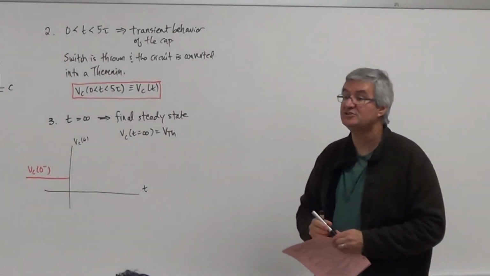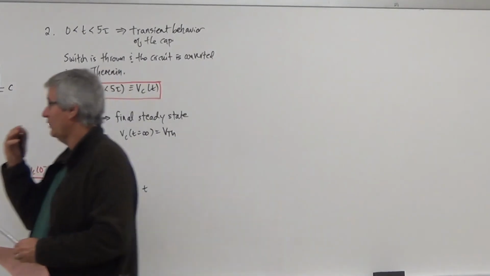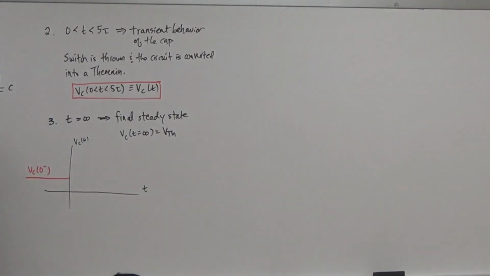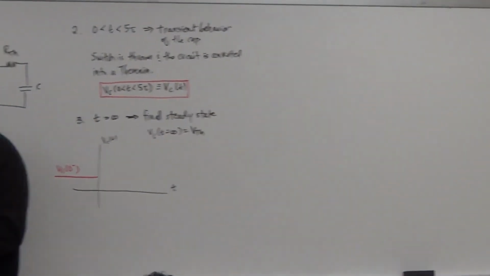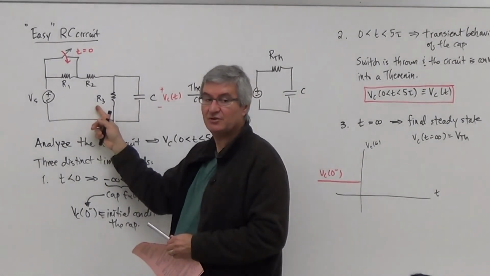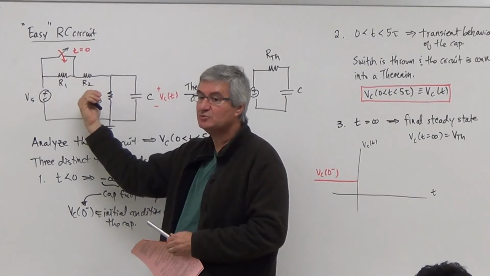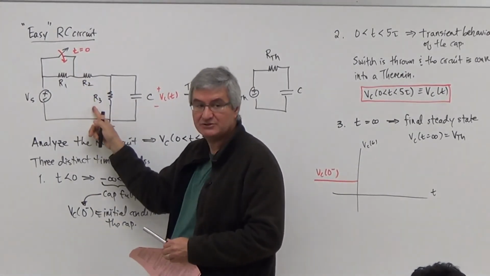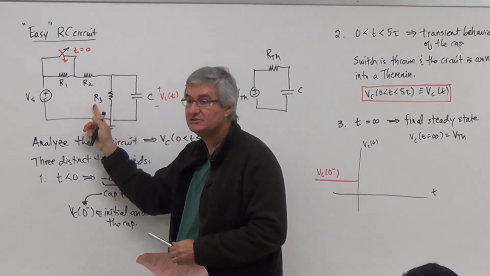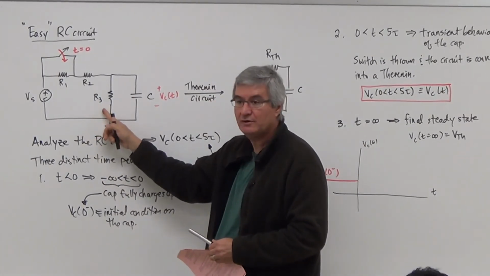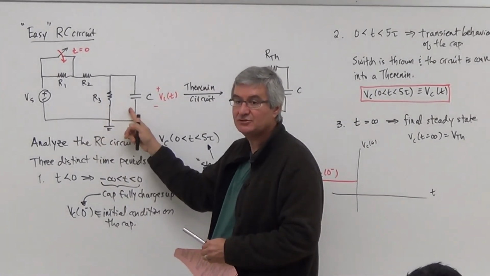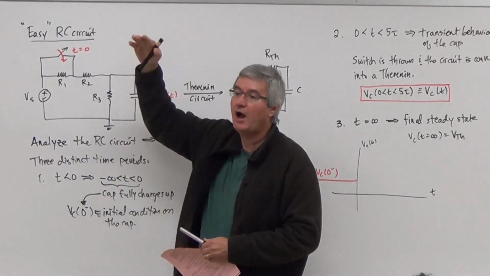Then there's a switch that's thrown. If I look at this switch, what happens here? I have 3 resistors. So when I throw the switch, I have a smaller resistance. A smaller resistance overall means that there's more current, so therefore the capacitor has to have gone to a higher voltage.